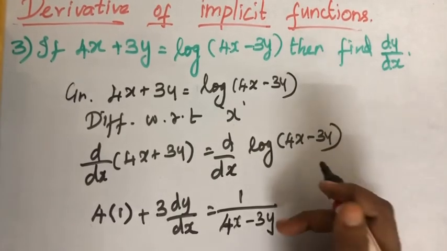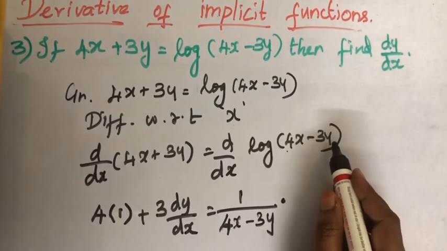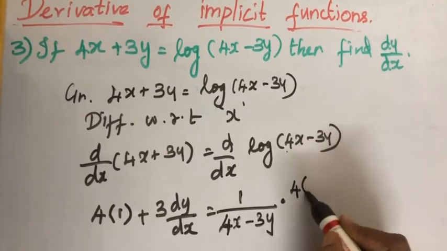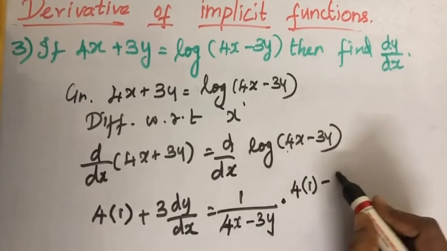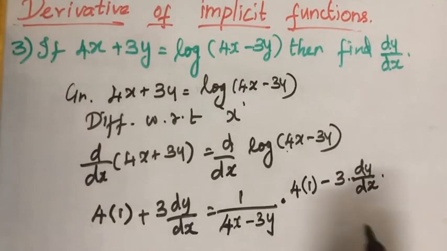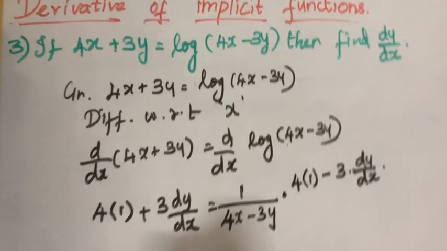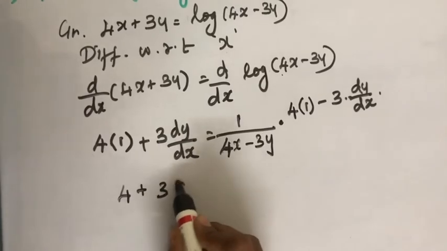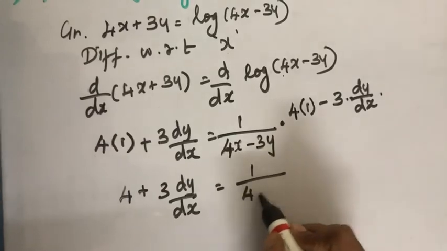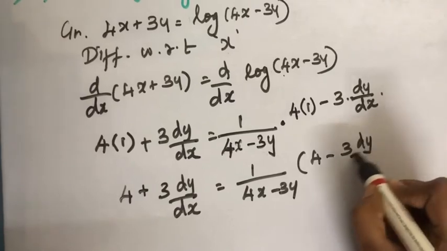The log is differentiated. Now this function has to be differentiated, into (4x minus 3y). That is the differentiation of x with respect to x, I get 1, minus 3 into dy by dx. That is the differentiation. So 4 plus 3 into dy by dx is equal to 1 divided by (4x minus 3y) into (4 minus 3 dy by dx).